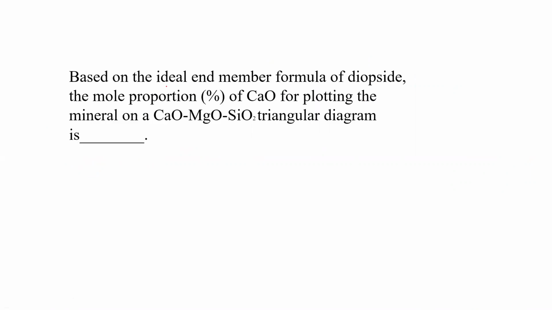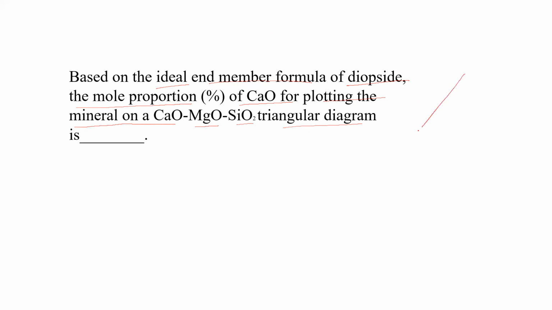Based on the ideal end member formula of diopside, what is the mole proportion percentage of CaO for plotting the mineral in the CaO, MgO, SiO2 triangular diagram? For diopside, right?